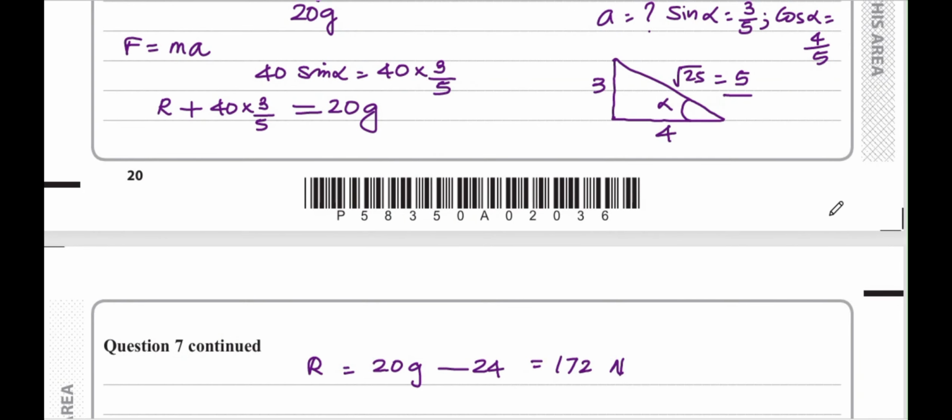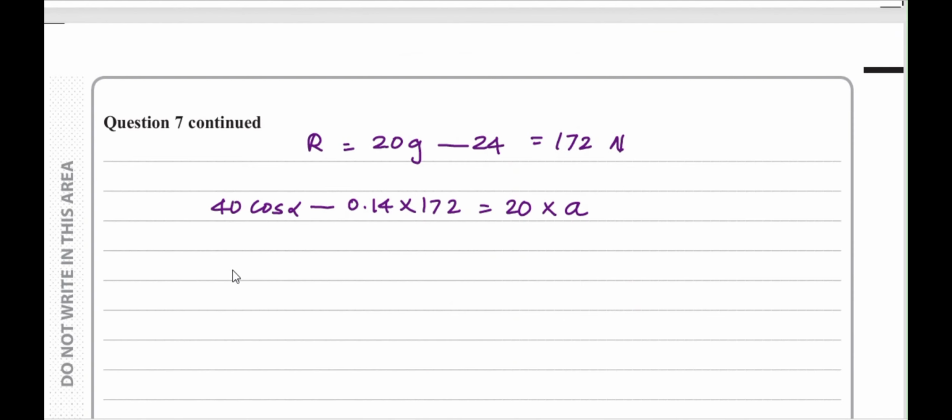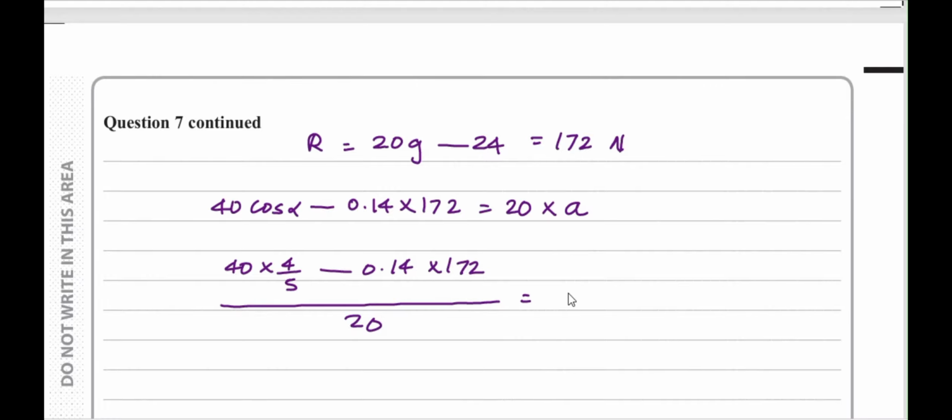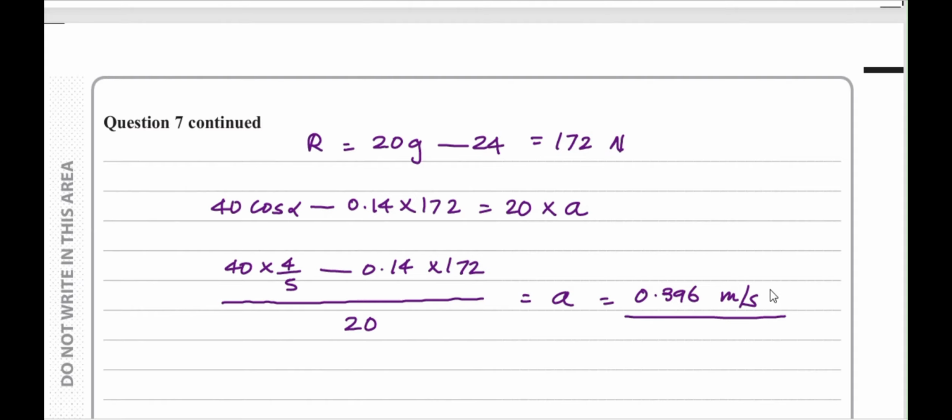Cos alpha being 4/5, we could write here 40 times 4/5 minus 0.14 times 172, the whole divided by 20 is equal to a. Putting into the calculator, we get 0.396 meters per second squared acceleration.